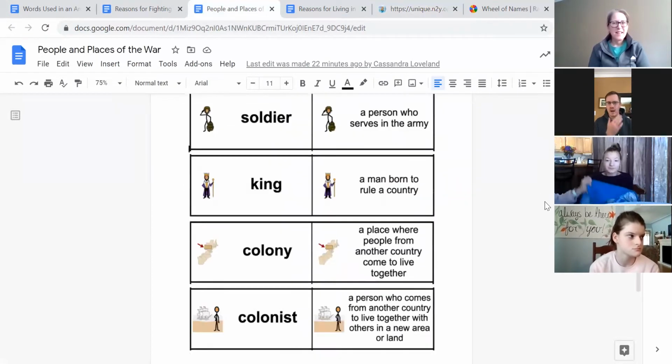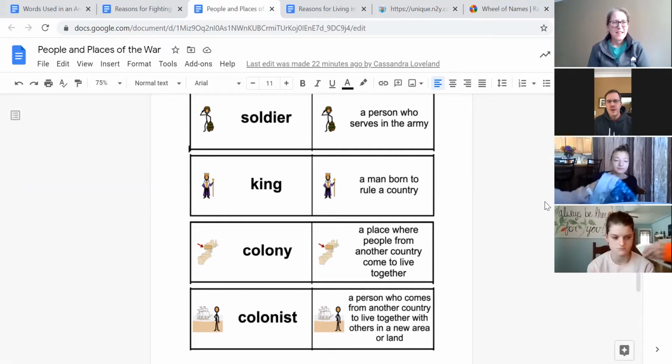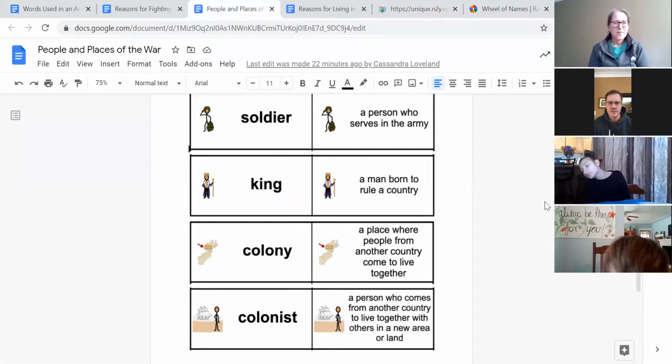What does the word bank have for us here? So we have 4 choices, and 3 of them look like people. I see soldier, king, and colonist. And colonist says a person who comes from another country to live together with others in a new area.